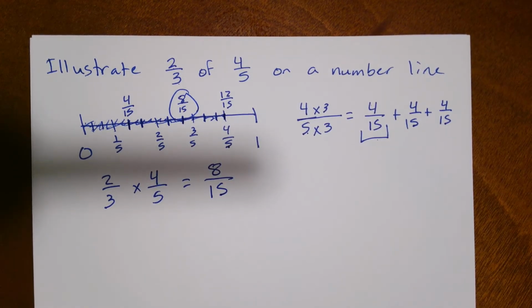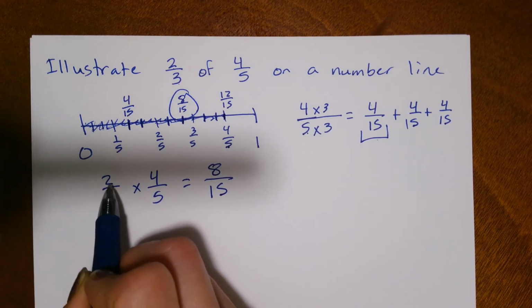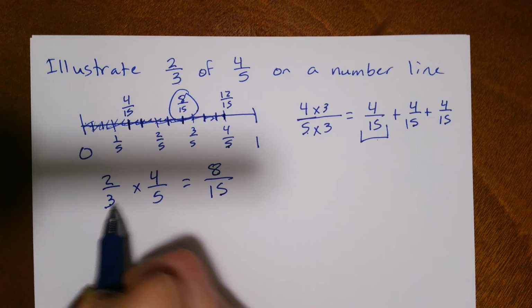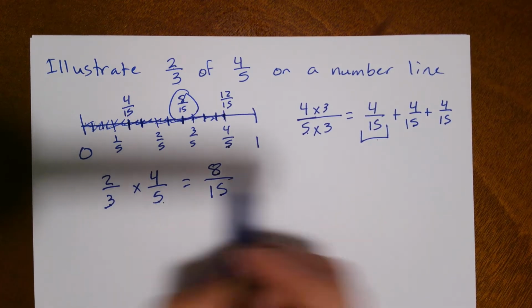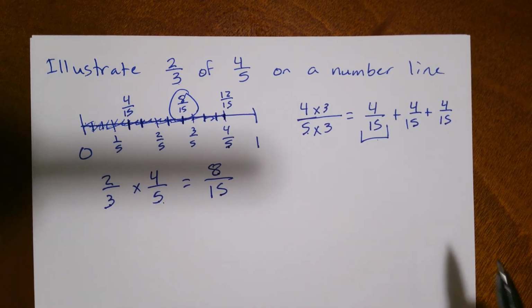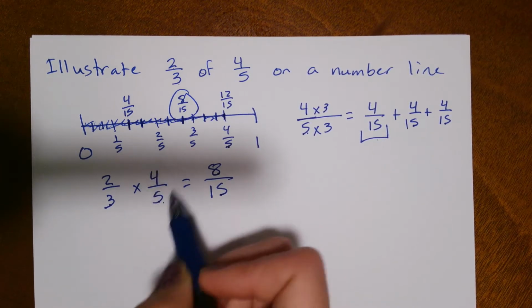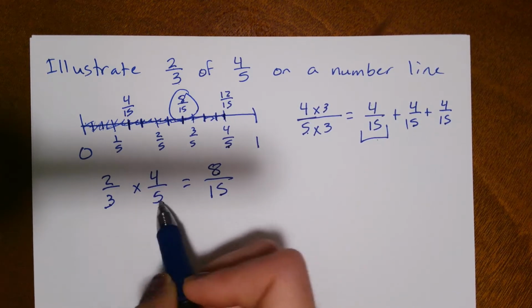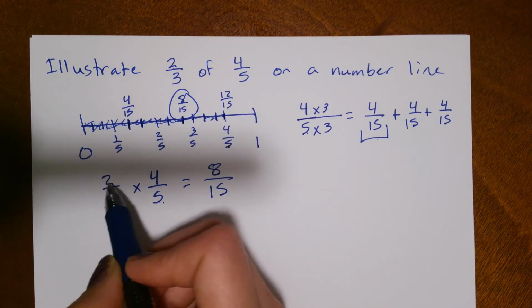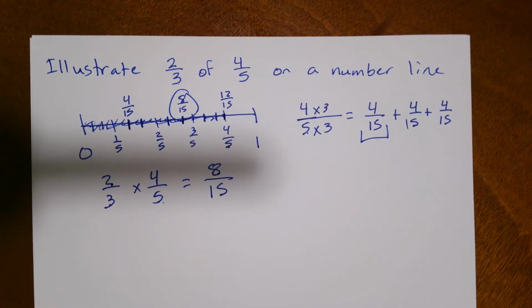And again, that leads to the simple algorithm of just multiplying straight across. 2 times 4 gives me 8, and 3 times 5 gives me 15. But this is the why, right? Breaking it down, multiplying by 2/3 tells me I'm breaking that current unit into 3 pieces and taking this number of them.